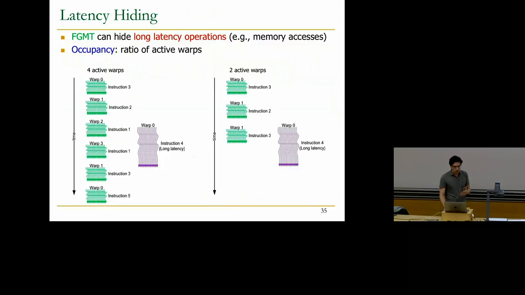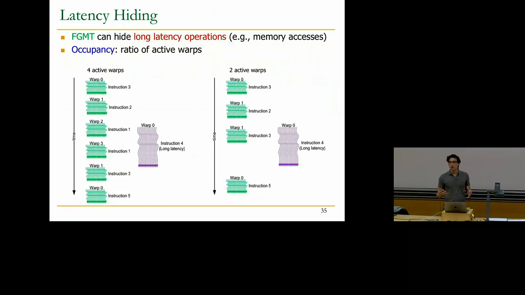In this other example, we only have 2 active warps, so you see that there is one gap here that we cannot fill. So obviously, this will affect our performance.